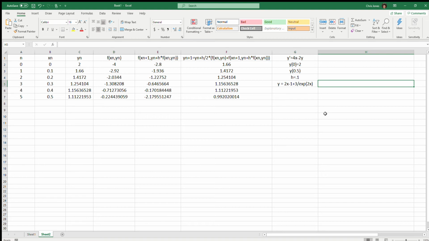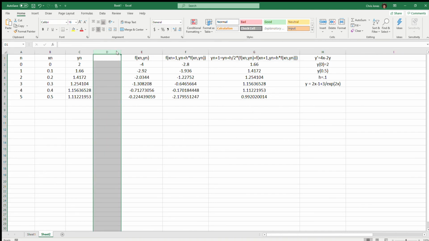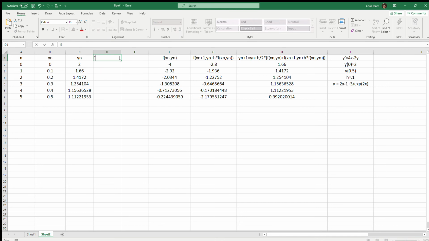So let's see how good of a job the improved Euler's method does. Let's insert a couple columns here. This is going to be y actual, and then this is going to be our error. For the y actual, all we're going to do is substitute in for x into this solution.